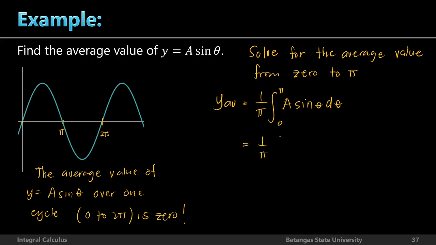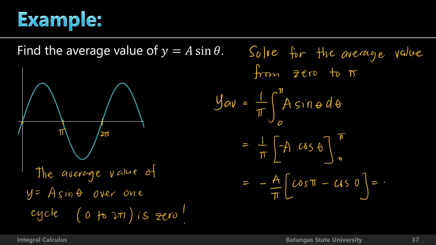So the integral of sine theta is negative cosine, right? So I have a times negative cosine of theta, which I need to evaluate from 0 to pi. So this negative a, I will just take it out. I will make it negative of a over pi times cosine of pi minus cosine of 0.